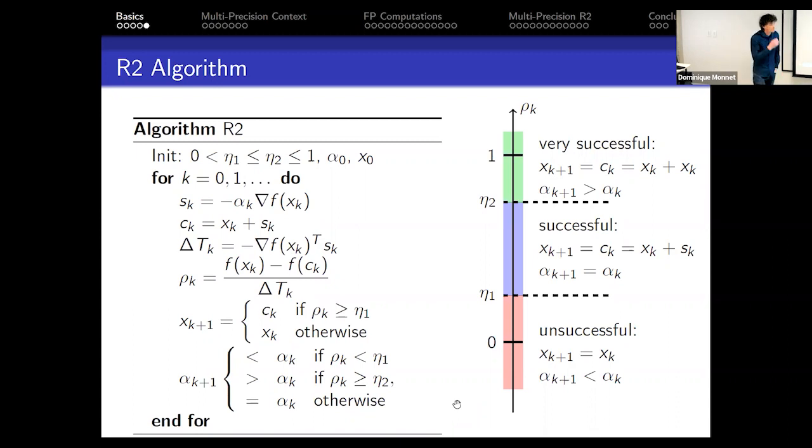That is, if rho k is lower than eta 1, I don't do the step, and I decrease the step size alpha. Otherwise I increase, you can see over there. And if rho k is greater than eta 2, I consider it a very successful iteration, and I'm going to increase the step size parameter. So basically, this is how it works. Depending on what rho k is, you decide to make a step, or to increase or keep the same step size parameter.